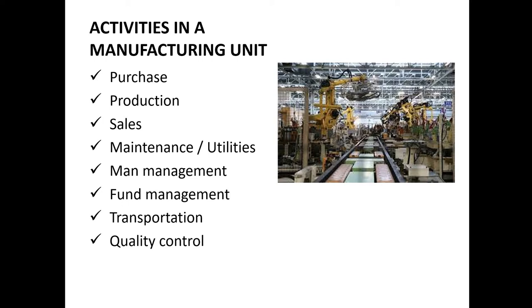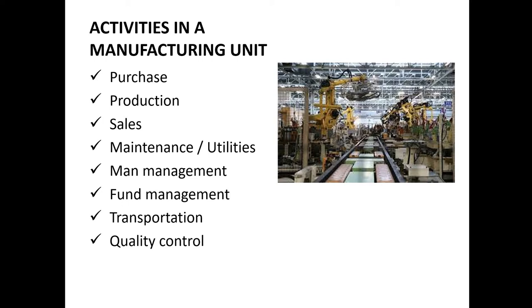Suppose I would like to start a small factory and I have identified the activities that are likely to be performed in this manufacturing unit. I will have to purchase raw materials, then I will have to produce these finished goods, then I have to sell them in the market. My machinery will require maintenance, so I will have a maintenance and utilities function.